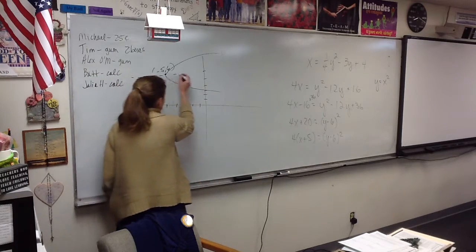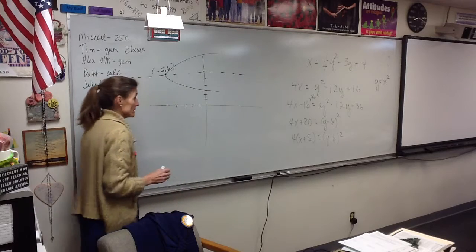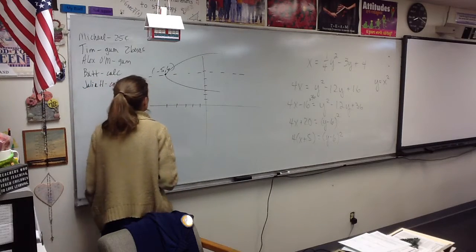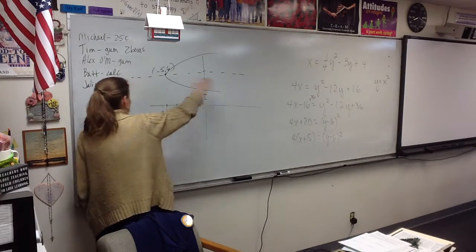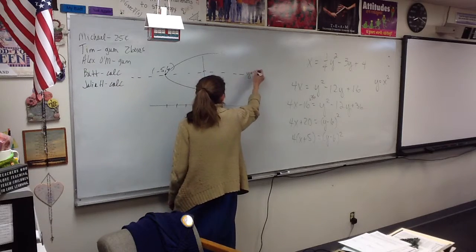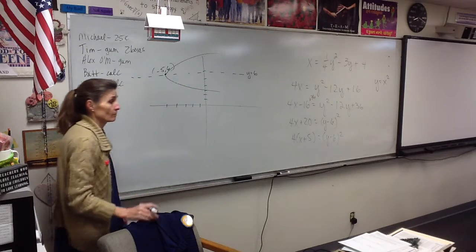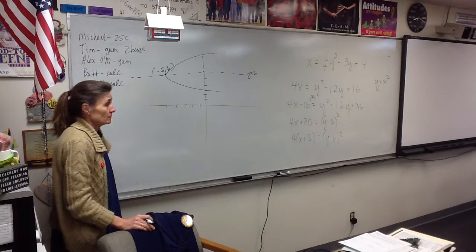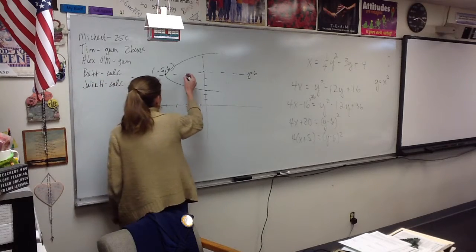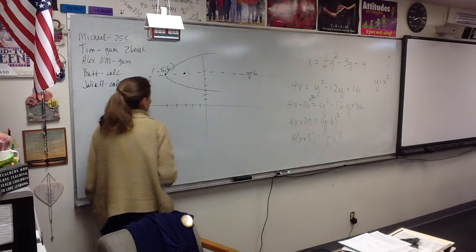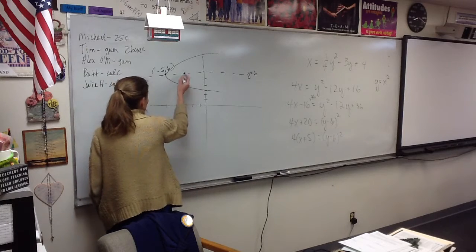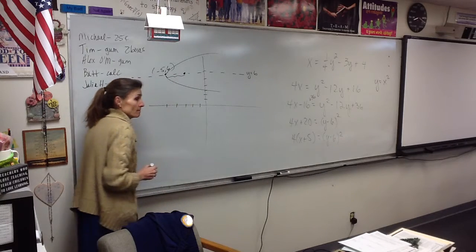This is your axis of symmetry then. What is its equation? y equals 6. Here is your focus. In order to plot that point, you need to know this distance.